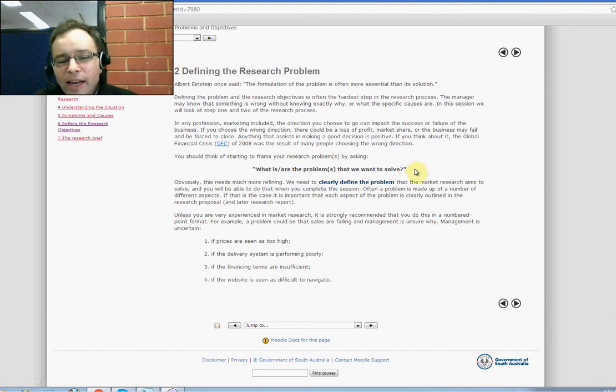It doesn't have to necessarily be problems. It could just be issues or uncertainties about customers, etc. So, first of all, identify the problems that you want to solve. It's very important that you write these up in a numbered point format. That'll make your research down the track a lot easier.